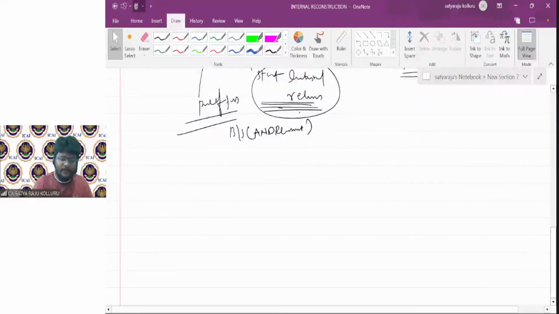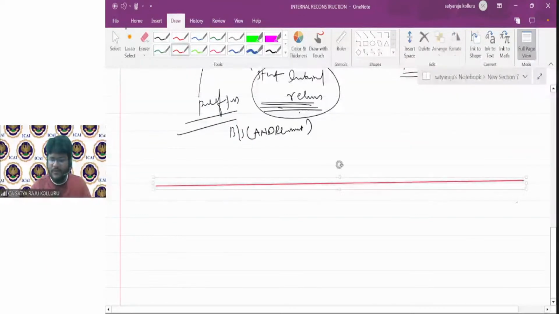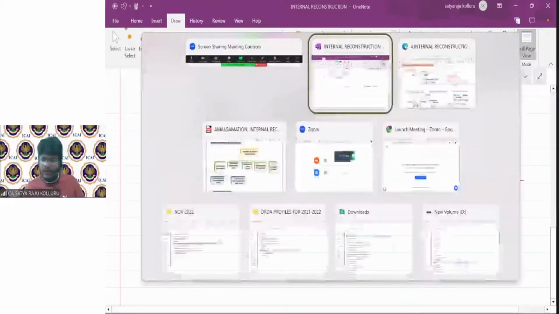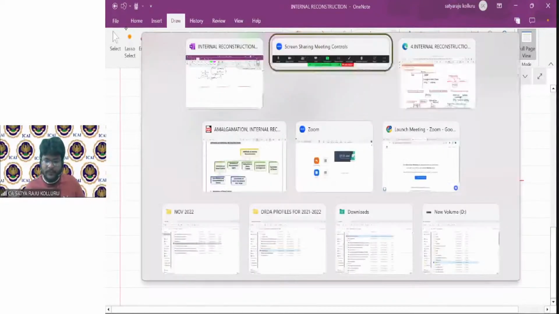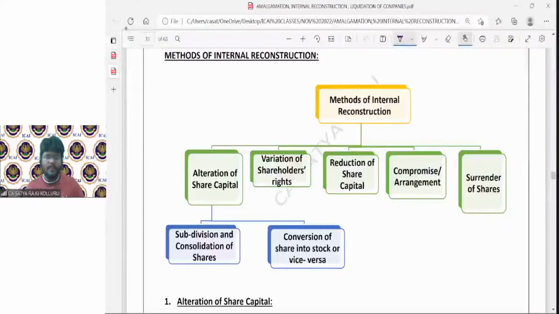Sir, then in internal reconstruction, what are the various ways available? What are the various ways of conducting internal reconstruction as per the Companies Act 2013? Simply, I can call it the methods of internal reconstruction.